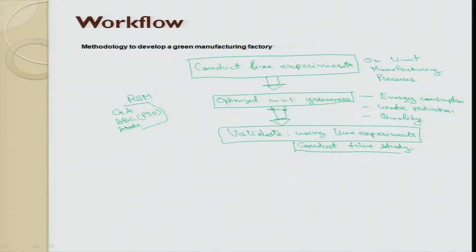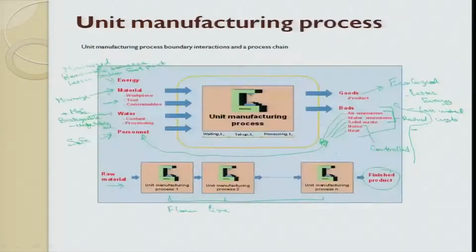Because this processing time, I will go back to this unit manufacturing process again. We have 3 types of times here. Now we are talking about processing and setup time here, right? The setting which is done here is for processing time only.